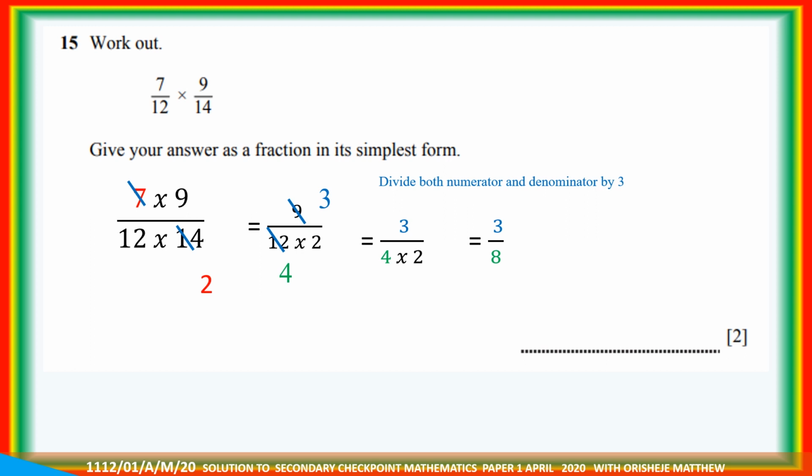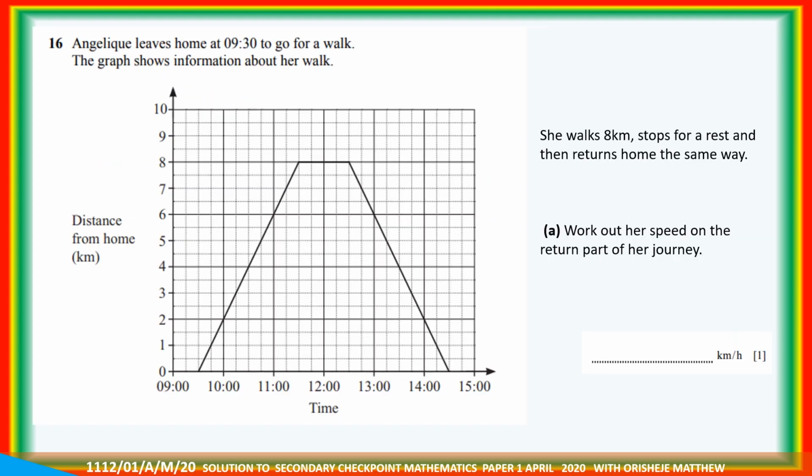Let's go to question 16, which is interpretation of distance time graph. Angeli leaves home at 9:30 to go for a walk. The graph shows information about her walk. Let's just analyze the graph generally before we go into the question.